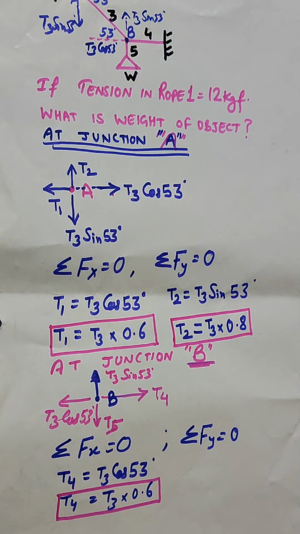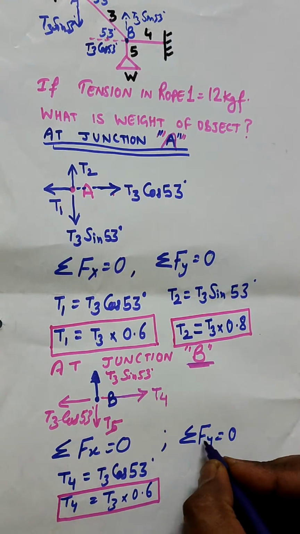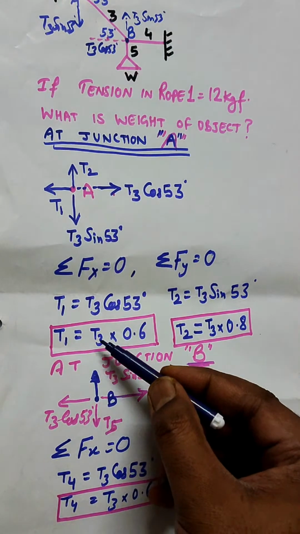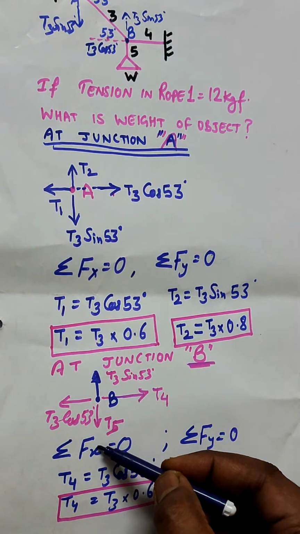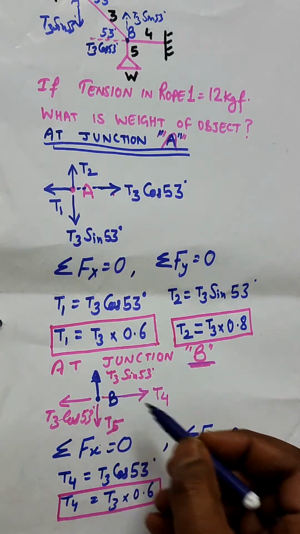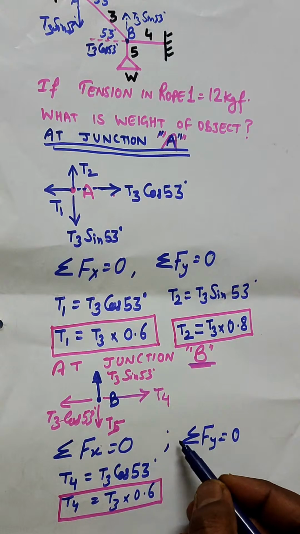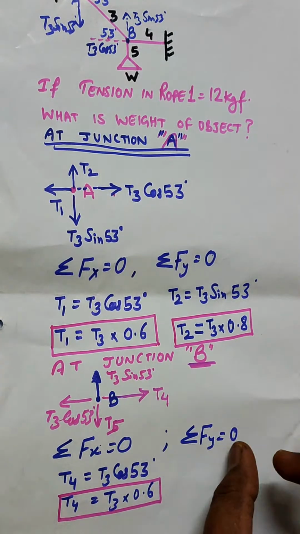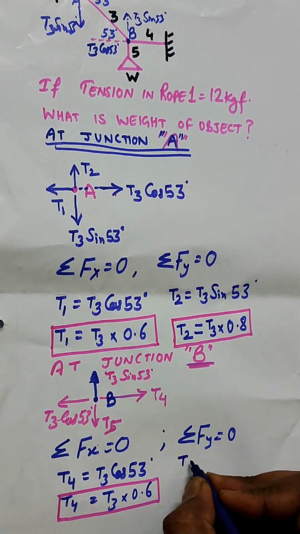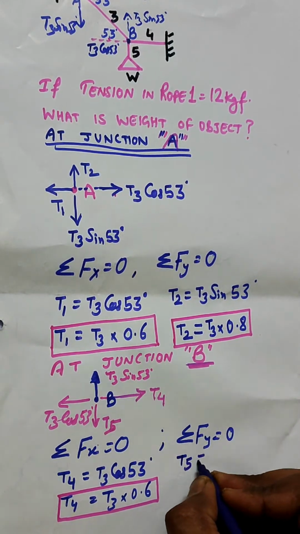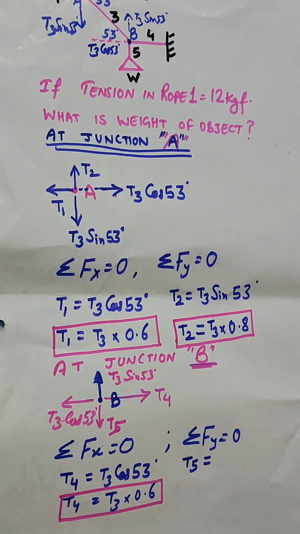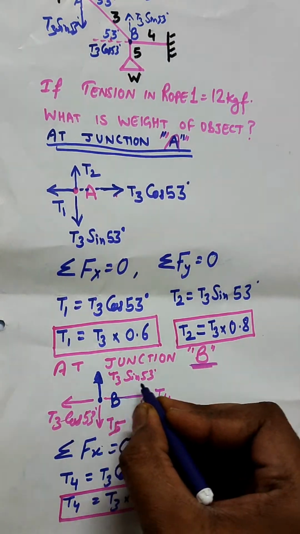Now when you take summation Fy equal to 0, that means the forces acting in the vertical direction upward should be equal to the forces in the vertical direction downward. So from here we can say T5, which is acting downward, should be equal to T3 sine 53.